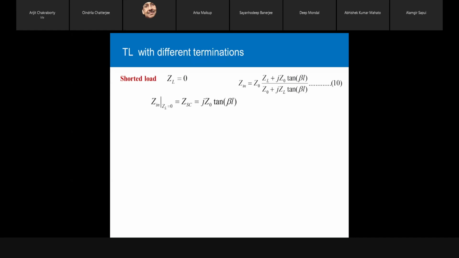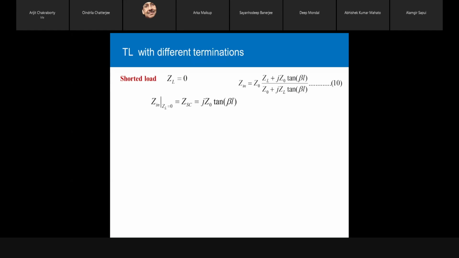So the transmission line with different terminations. So one is ZL, your equation 10. From this equation 10, you can draw that for your short-circuited transmission line, you call it short-circuited input impedance, and it is very simple, Z0 tan beta L. This is the expression of input impedance.